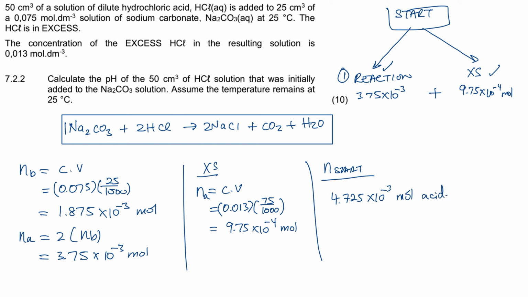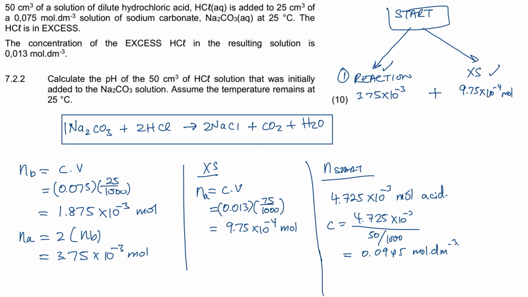And remember, at the beginning, the acid was in a 50 cm³ liquid. So the concentration is going to be 4.725 × 10⁻³ over 50 over 1,000. And that's going to give us 0.0945 mol/dm³.